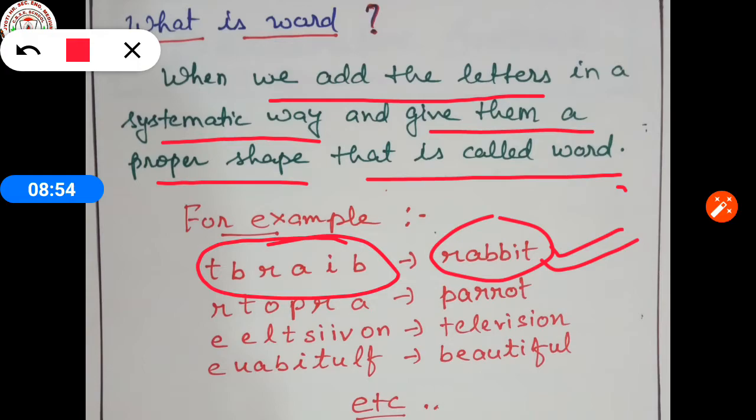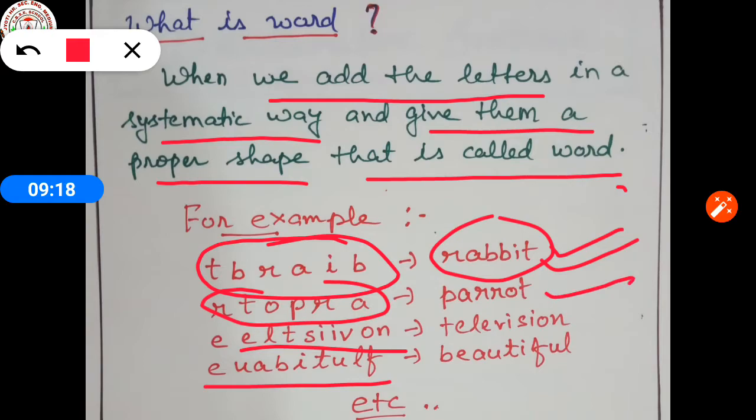Like this, see the other examples. These letters are not properly arranged. So, when we arrange the letters properly, in a proper way, that is a word.